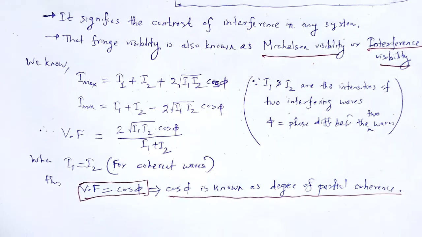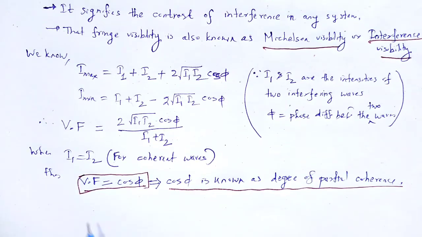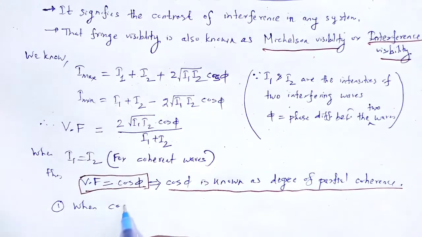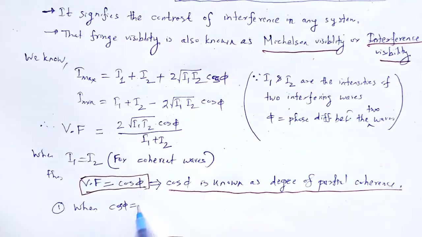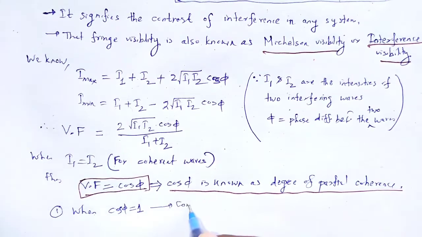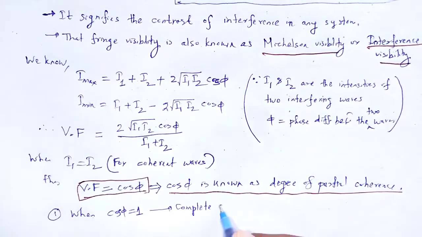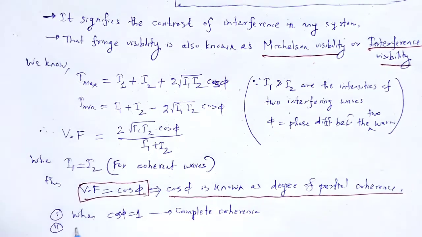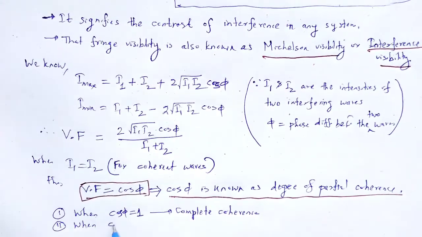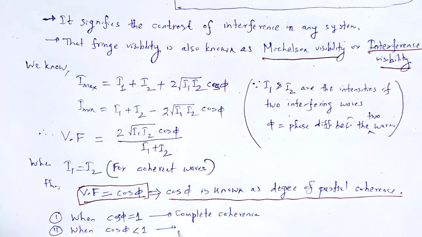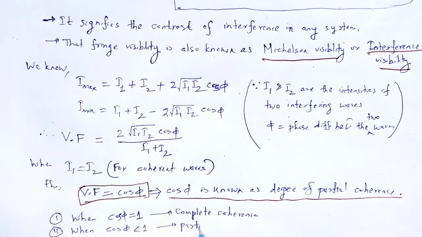Condition 1, when cos phi is equal to 1, that is complete coherence. When cos phi is less than 1, that is partial coherence.